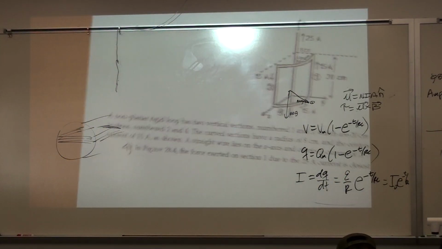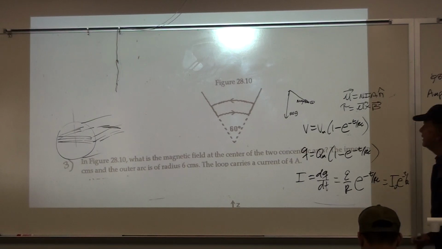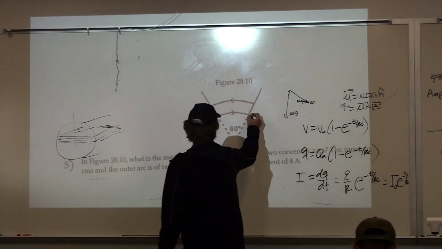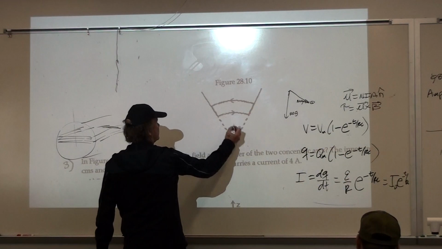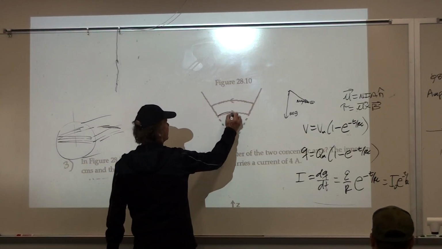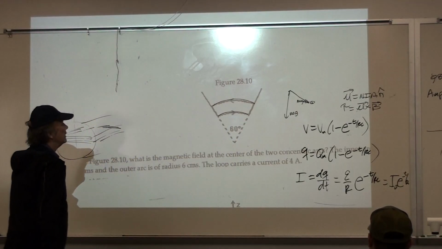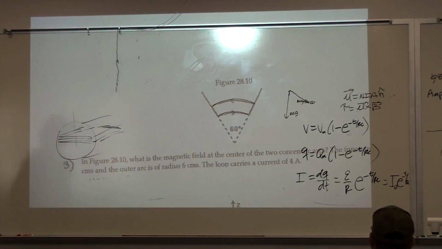Problem 3, this is very much like the problem we just looked at, where you've got a wire loop and we want the magnetic field at the center. So you're going to need to figure out this contribution and that contribution. My intuition tells me they might tend to cancel.